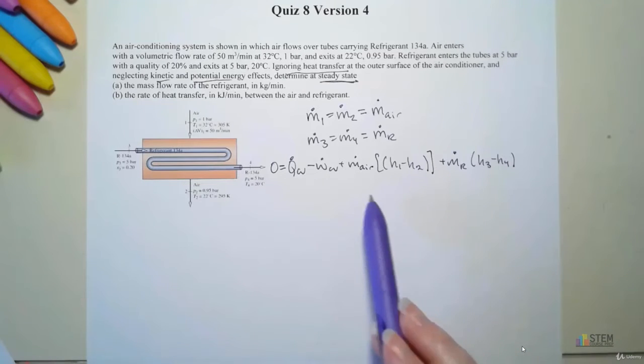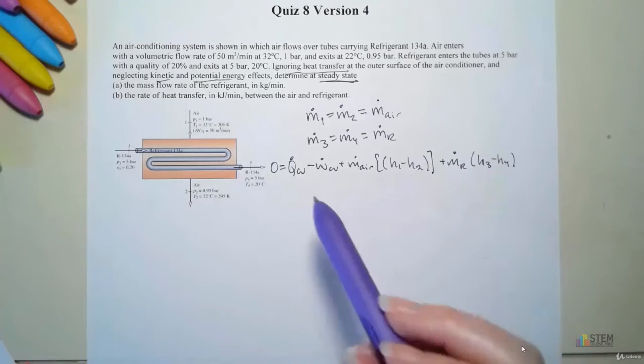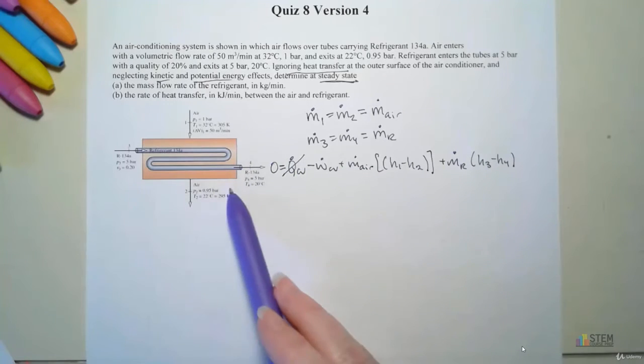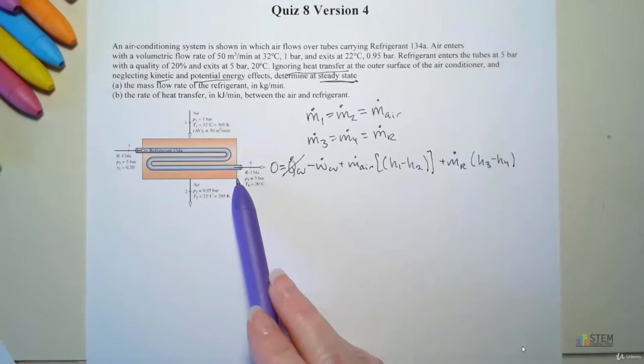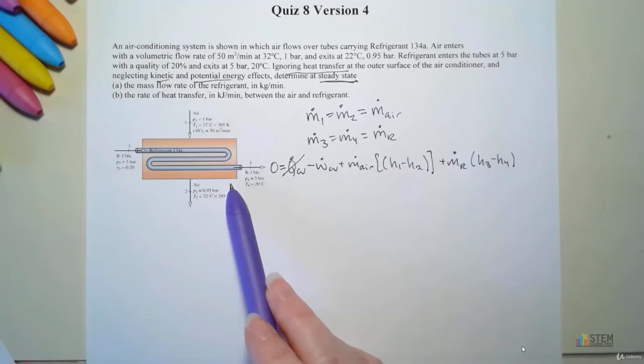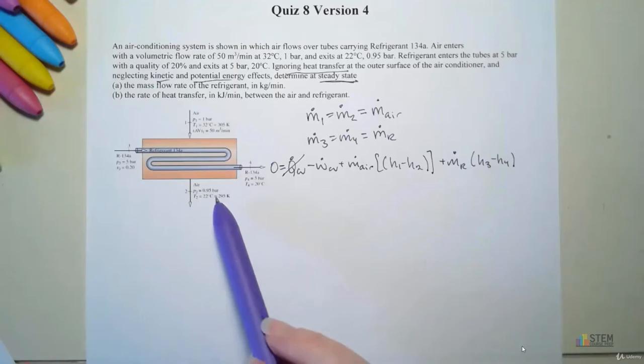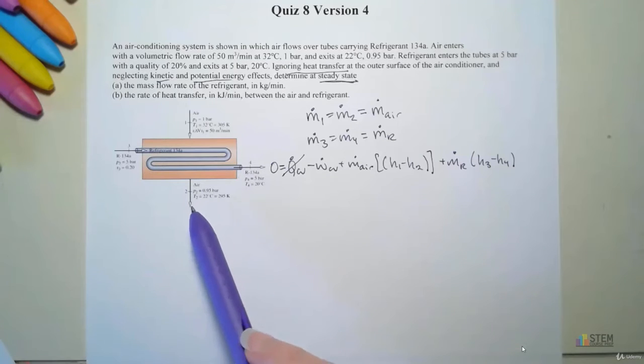Now let's see what else we can simplify here. Q dot goes away. Q dot, if your control volume is this rectangle here, would be basically the heat transfer from the air conditioning system to the surroundings. So it tells us to ignore that. We don't have any power generated here. We're not inputting any power, so that goes away also.